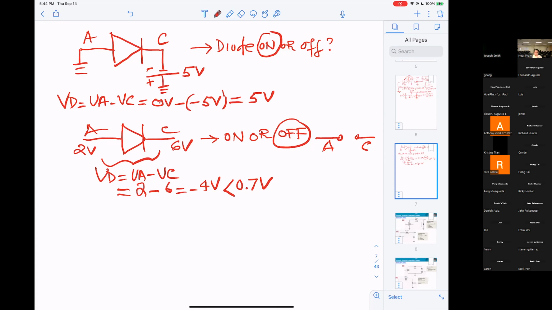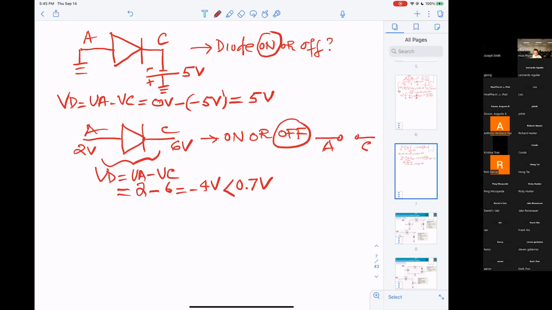So now you can recognize the important thing when you're working with a diode, very simple. You have to know the diode on or the diode off before you can do something else.